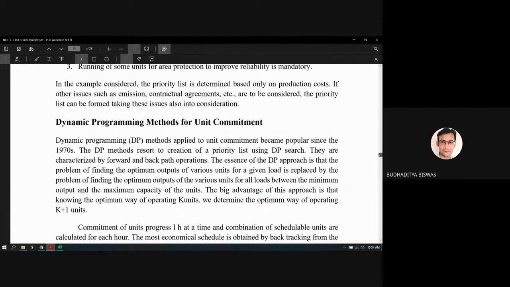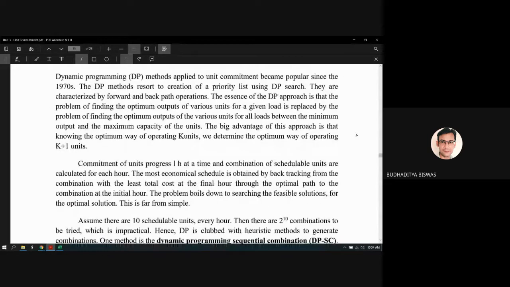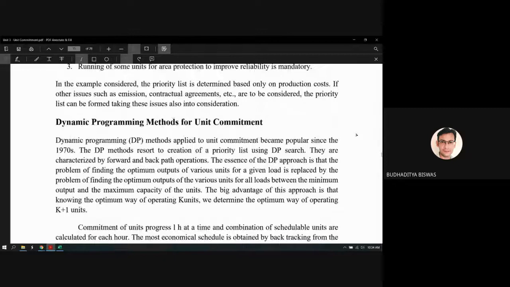The main advantage of this method is that if the number of units is more, say 10 units, 20 units, or 30 units, then we can use it in computer programming to generate the economical solution for the unit commitment. Though this solution procedure is also not most optimal, it is called a suboptimal method. It does not give us the most economical solution, but one very close to it.